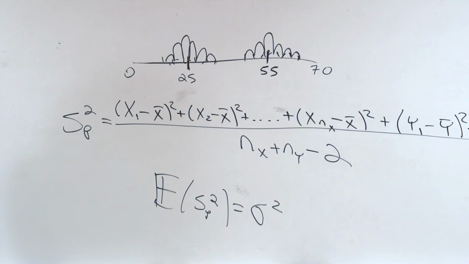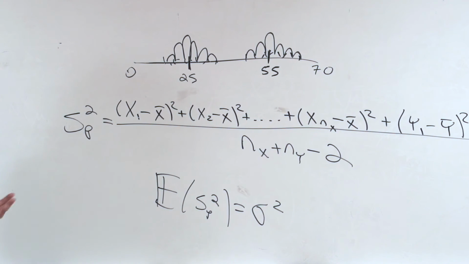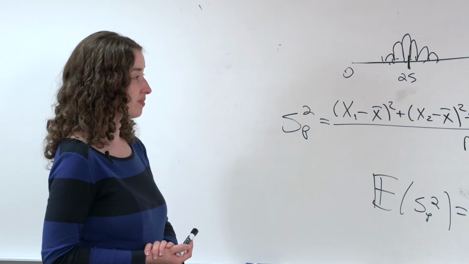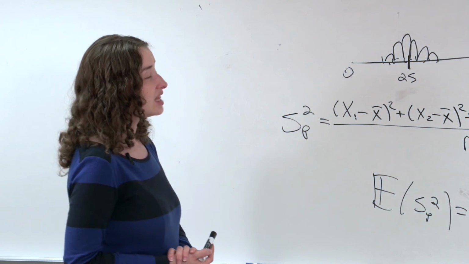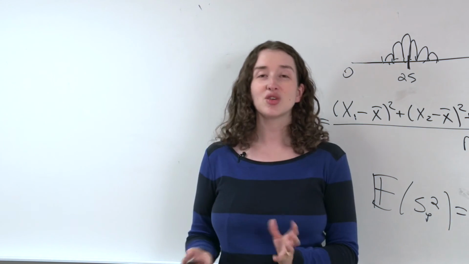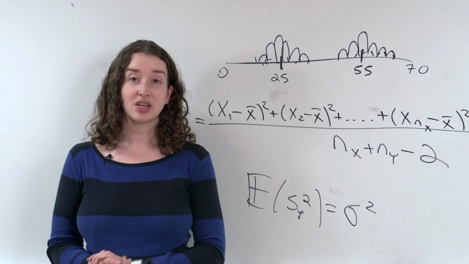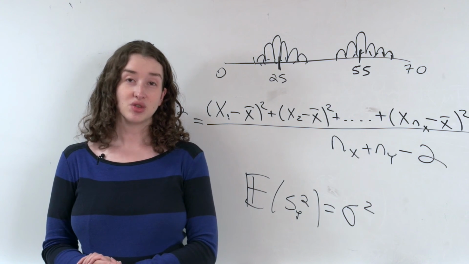It's appropriate when we think that it's fair to assume the variances are the same in each of the two populations. In the case of a t-test, we usually don't have to make that assumption. It's usually fine to go ahead and do the unpooled test or the Welch test. There's no reason not to, usually.